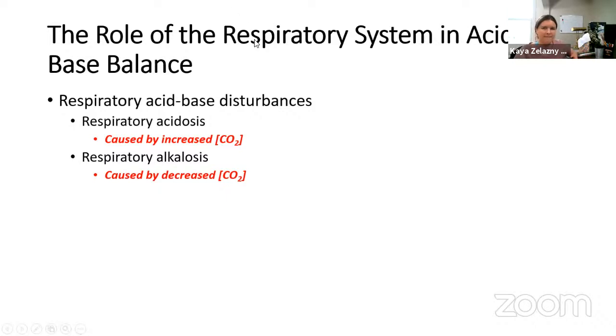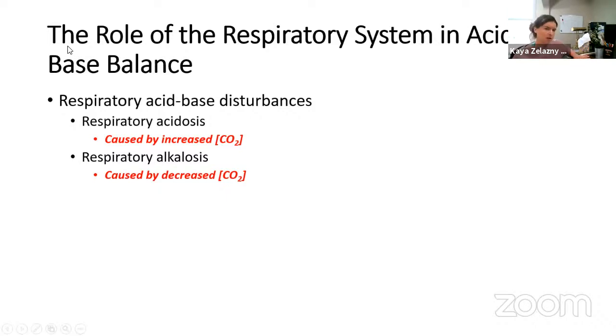And when other systems contribute to disturbances in pH, like if you drink a bunch of baking soda or something, we're going to expect both of these systems to be involved in compensating for any changes to pH.